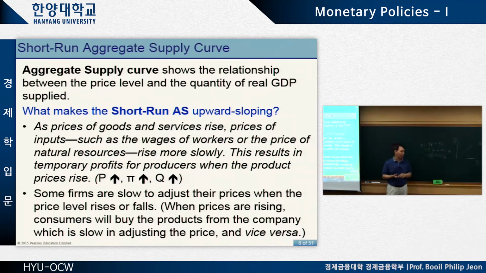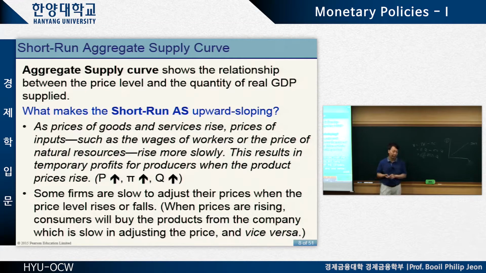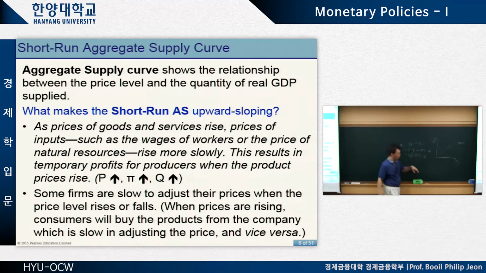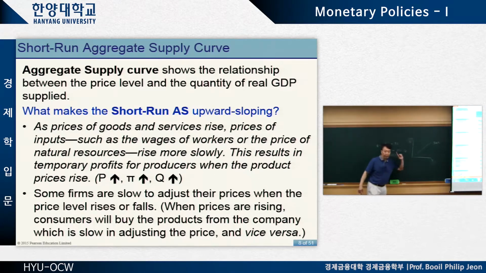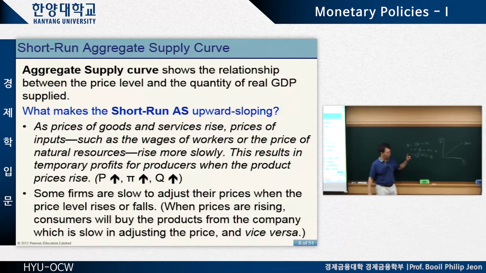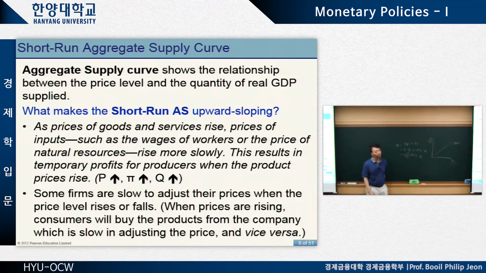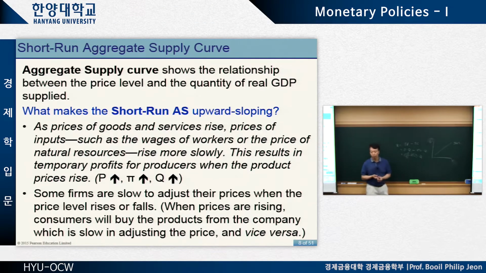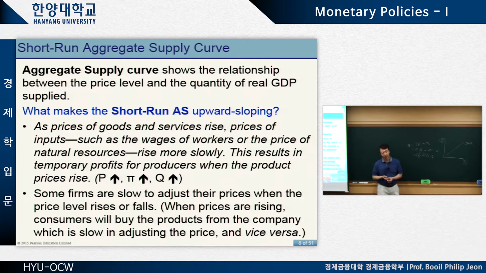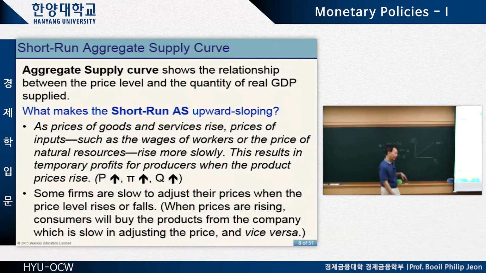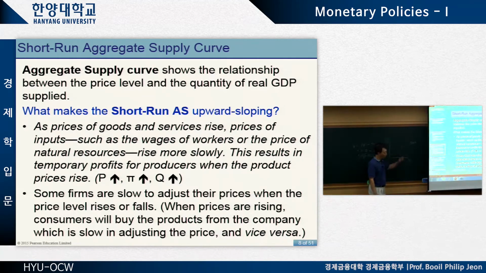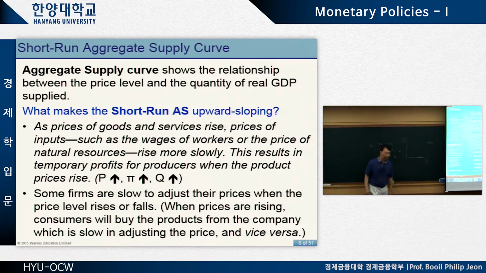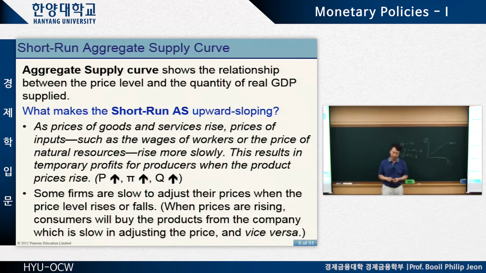That would be a more reasonable assumption. So that cannot really explain this upward sloping short-run aggregate supply curve.